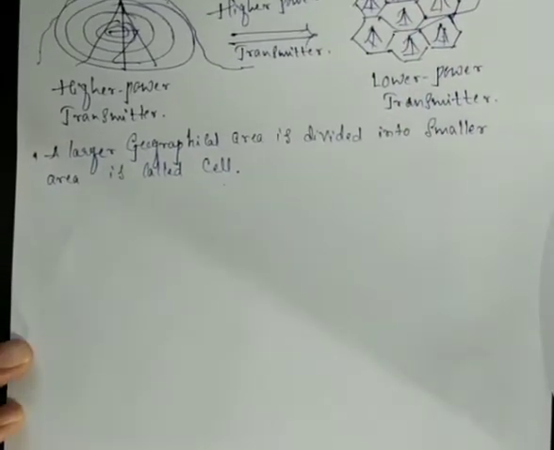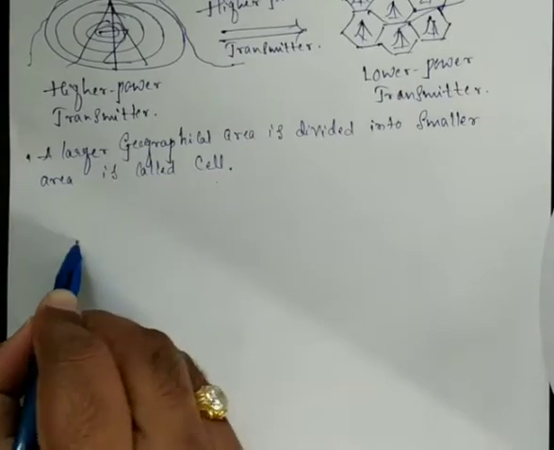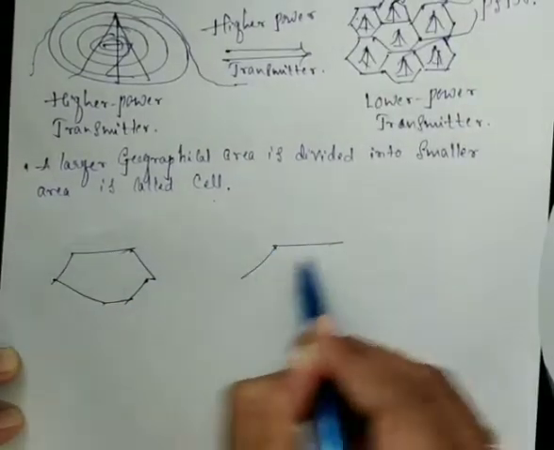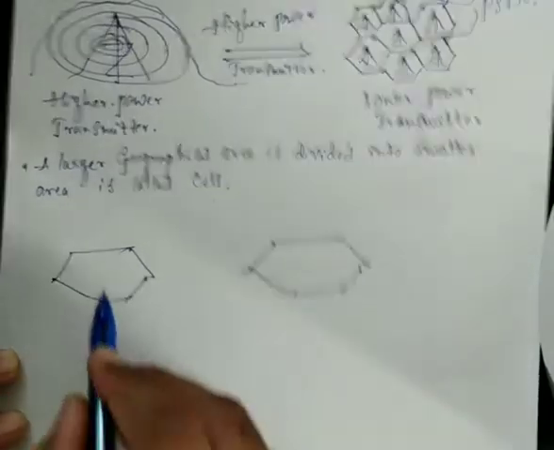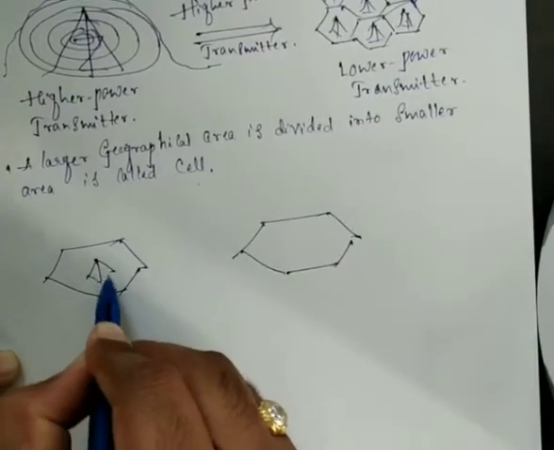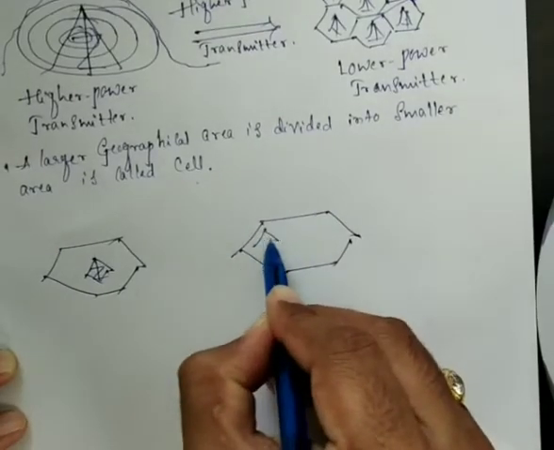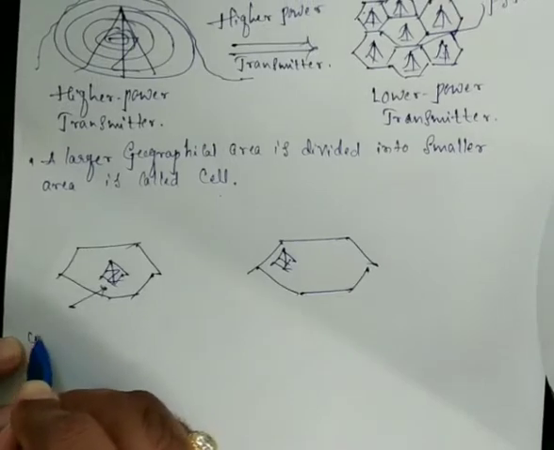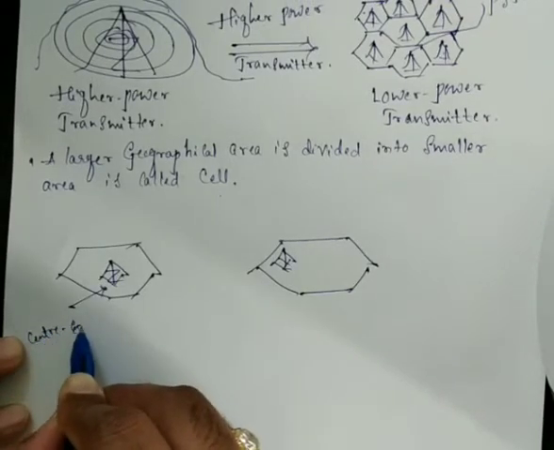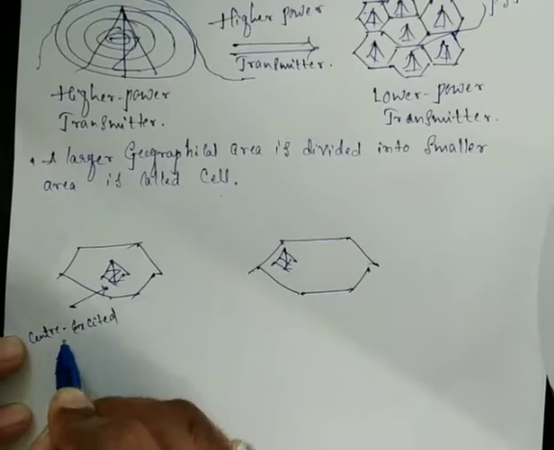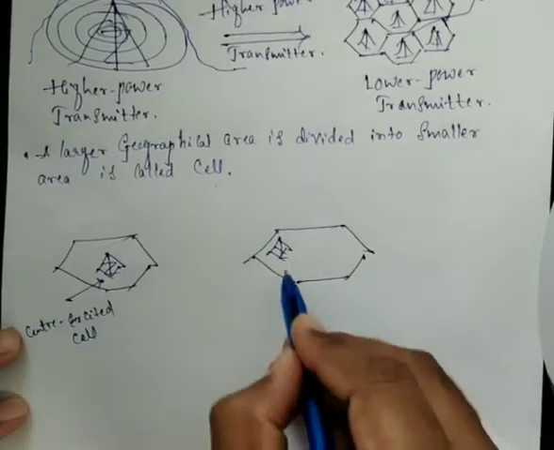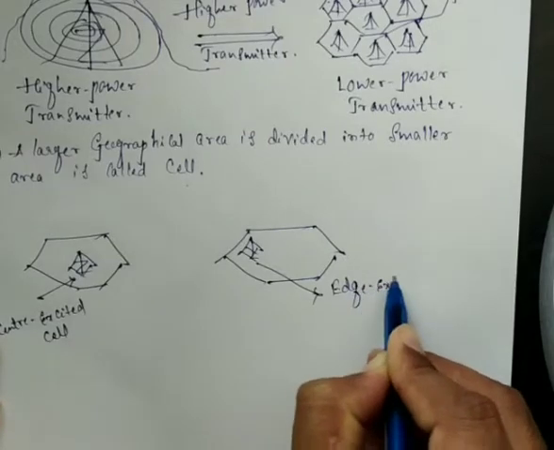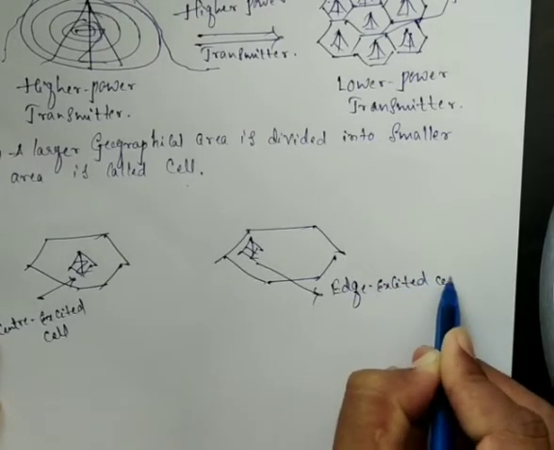There are mainly two concepts in the cellular concept: the base station is present at the center, or the base station is present at the edge. This is the center excited cell, and this is the edge excited cell.